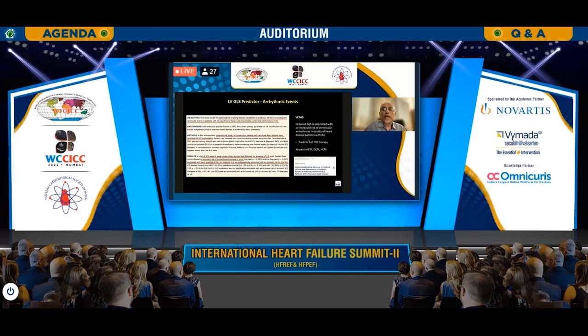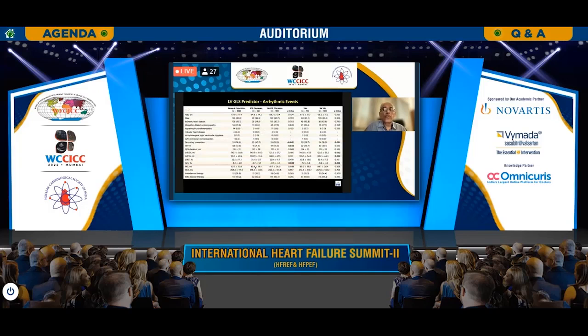So again, LV-GLS in arrhythmia has been shown to be a parameter which can predict the first event after ICD therapy. And the cutoff values here, for ICD therapies, 6.7, and then for ventricular arrhythmia, around 7.7. So these were the values quoted here.